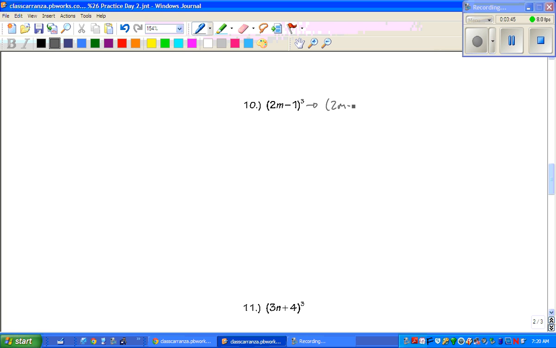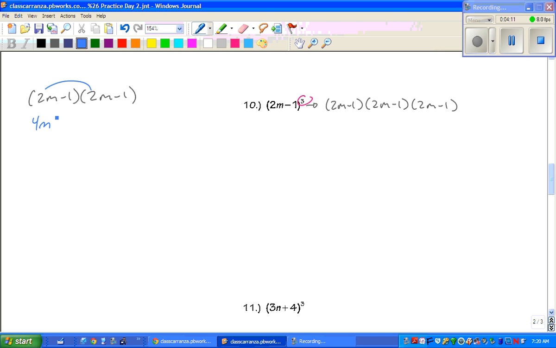This means that we have 2m minus 1 times 2m minus 1 times 2m minus 1, because once again, it's to the third power. So I'm going to FOIL those two first. So I've got 2m minus 1 times 2m minus 1.